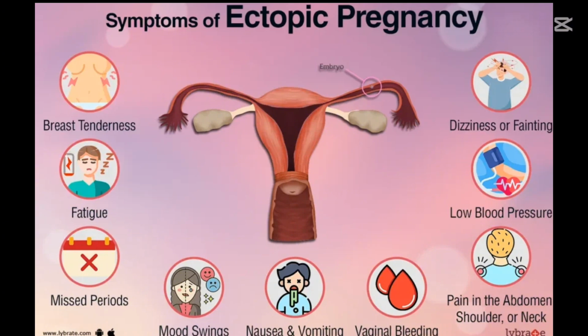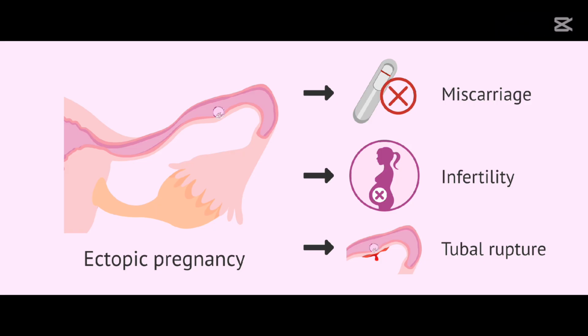So what then are the complications of an ectopic pregnancy? So the various complications include rupture. This can lead to life-threatening hemorrhage if a rupture occurs. Another complication is the risk of infertility because there will be damage to reproductive organs, which may impair future fertility.